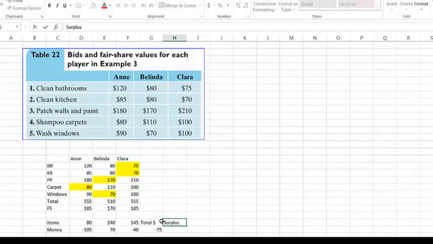The players are going to pay 75 extra into the estate, so the surplus is 75. 3 players, 75 divided by 3 is 25. So they're each going to get $25. I guess we can call this average surplus.